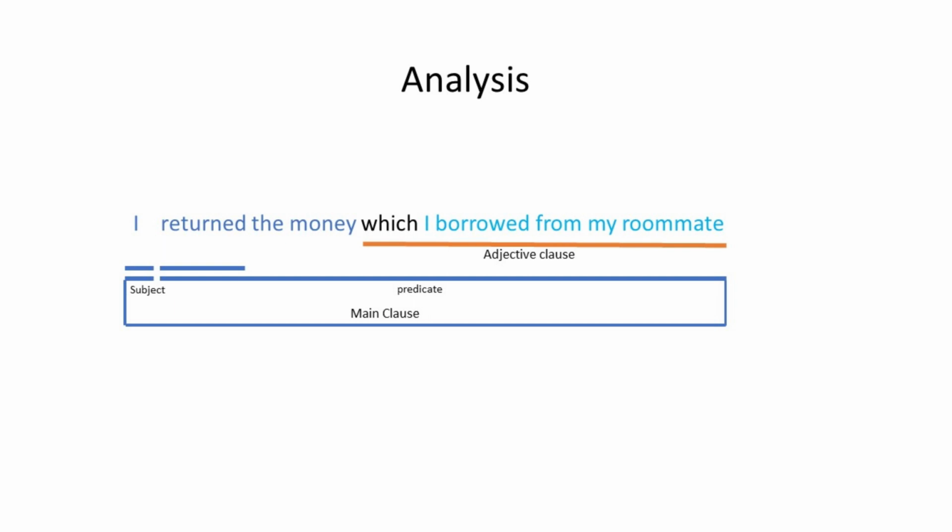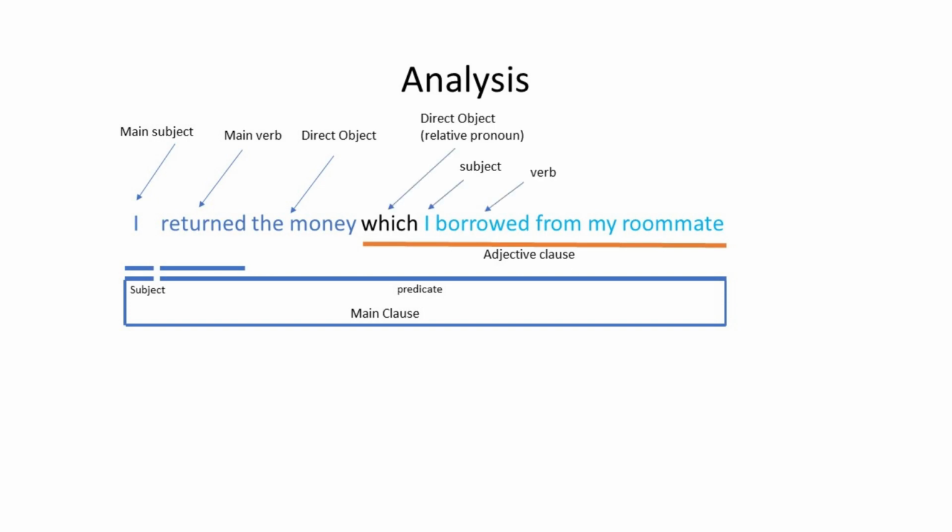In I returned the money, I is the main subject, returned is the main verb of the sentence, and the money is the direct object of the sentence. Meanwhile, which is a relative pronoun and direct object, I is the subject of the clause, and borrowed is the verb of the clause.